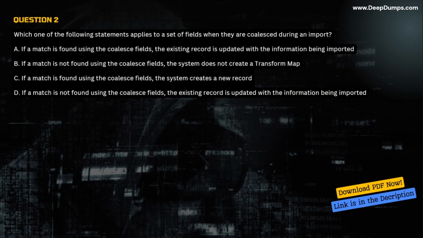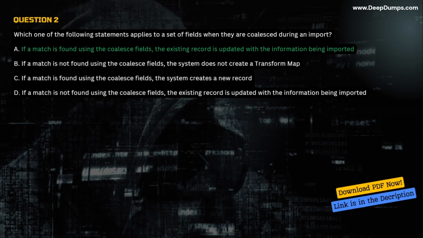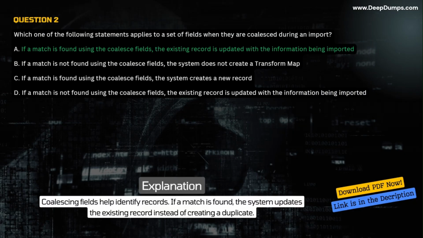D. If a match is not found using the coalesce fields, the existing record is updated with the information being imported. Correct answer A. If a match is found using the coalesce fields, the existing record is updated with the information being imported. Explanation. Coalescing fields help identify records. If a match is found, the system updates the existing record instead of creating a duplicate.